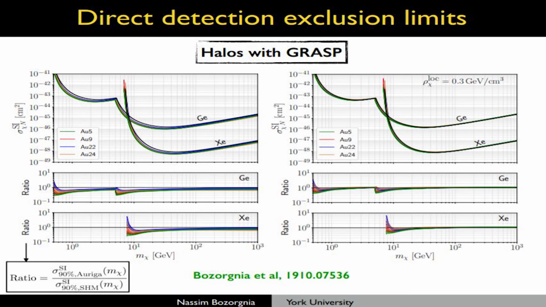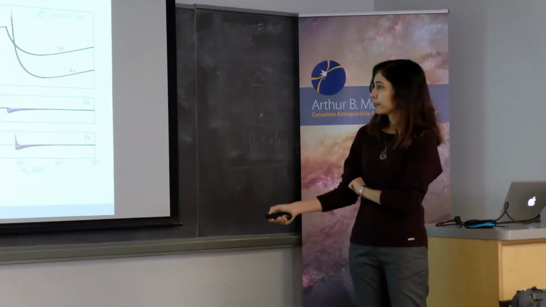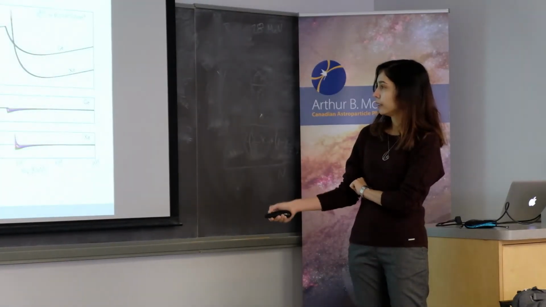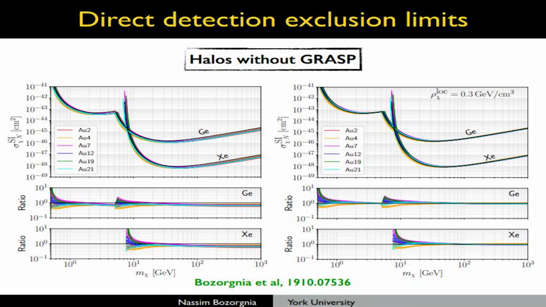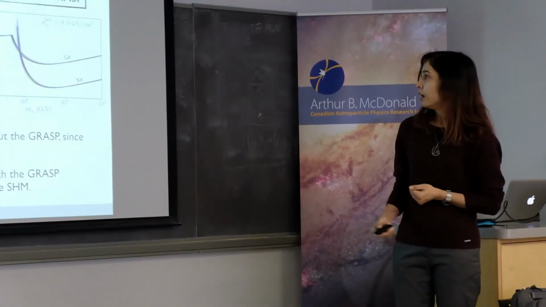And this is the ratio of the change in the cross-section for these Auriga halos compared to the standard halo model. And if you look at the ones without the GRASP, actually there's a bigger halo-to-halo variation, so there's a bigger change. So considering all the halo-to-halo variations, actually the GRASP is not producing much of a difference. So it's a mild shift at low dark matter masses.